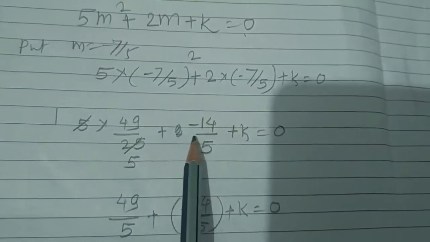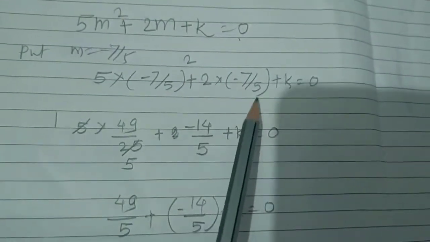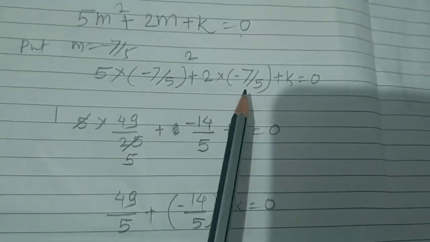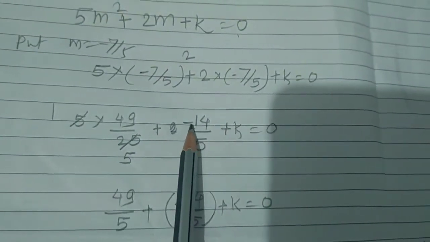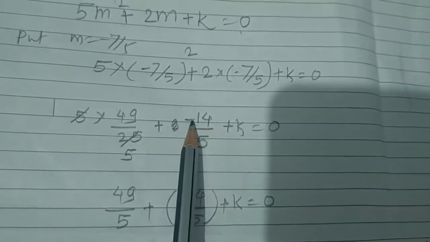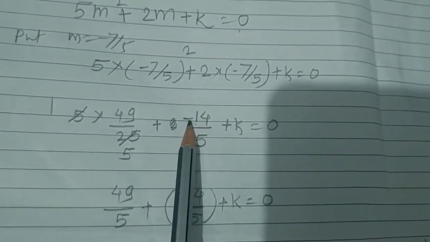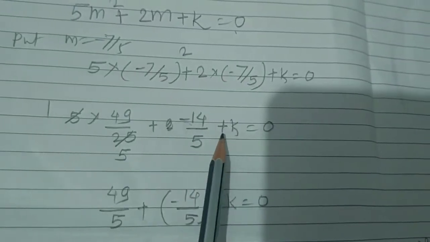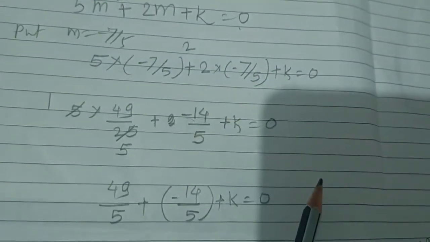Plus 2 into minus 7/5: 2 into minus 7 is equal to minus 14. The product of a negative and a positive number is always negative, and that's why the answer is minus 14/5 plus k is equal to 0.